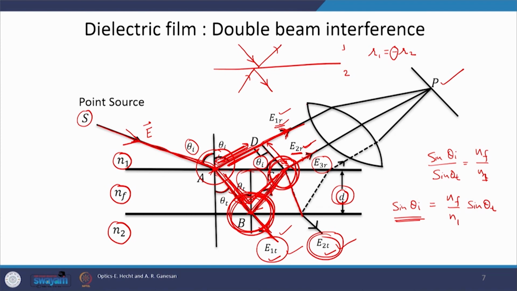The conditions are the same. It is happening from film to the external medium, and this one is also happening from film to the second medium. The interface is of same nature, provided these two mediums are the same, N1 and N2 are equal. If this is the condition, then the extra pi shift in phase which we considered for the reflected light, that can be neglected.